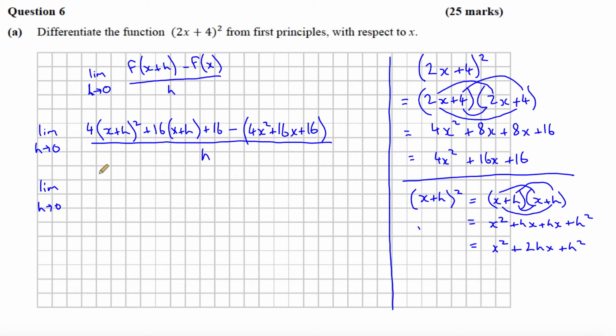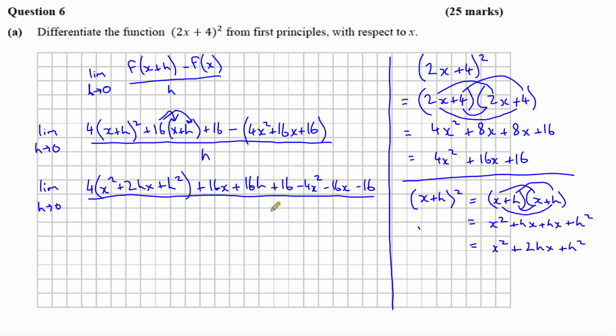So it's going to be 4 times that, 4 times x squared plus 2hx plus h squared, plus, I'm going to multiply some of this out now. 16 by x is 16x, 16 by h is 16h, plus 16, and then I'm going to multiply this minus by each term, so it's going to be minus 4x squared minus 16x minus 16. And again, this is all over h.